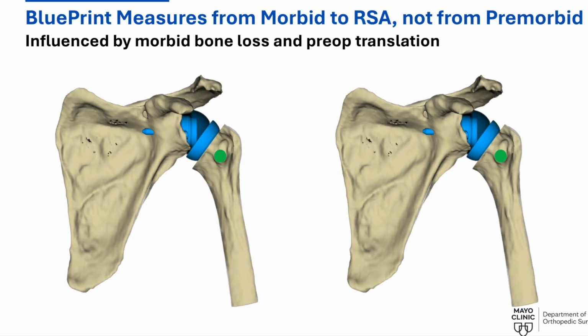These two reverse arthroplasties are identical. You can see how the new location of the geometric center of rotation of the humeral head is at the same level. However, if the patient on the left had cuff arthropathy with an E3 glenoid preoperatively, in the morbid condition that purple dot was very high and very medial.